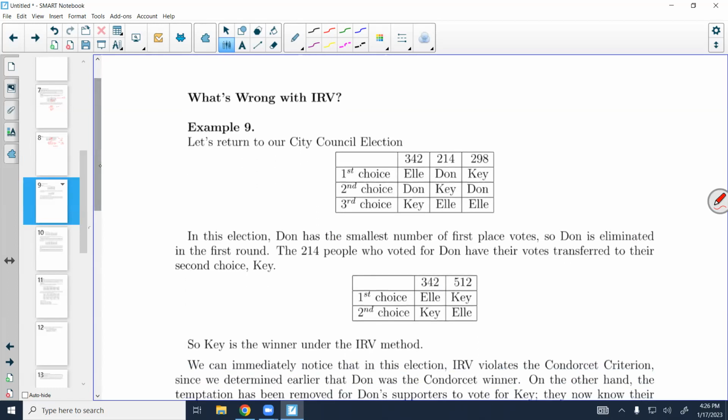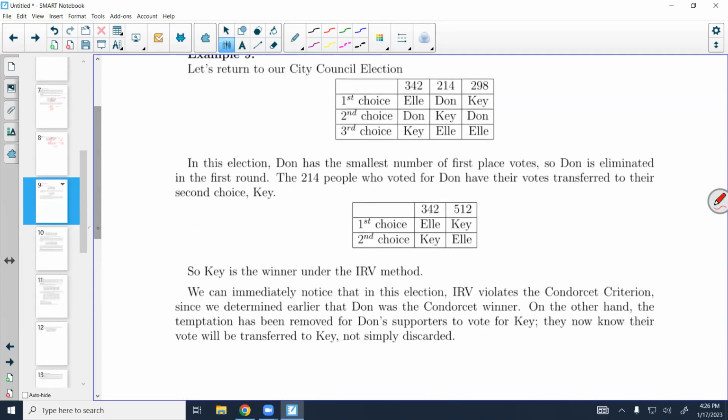So what's wrong with this? I think we've already seen that. Let's return to our city council election. In this election, Don has the smallest number of first place votes, so Don is eliminated in the first round. The 214 people who voted for Don have their votes transferred to the second choice, Key. So Key is the winner under IRV.